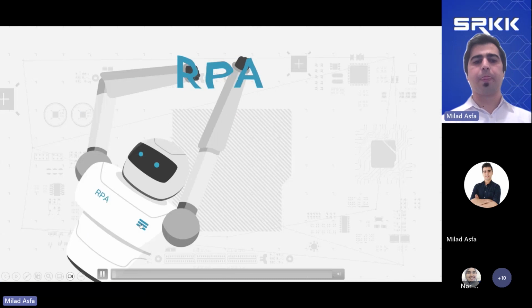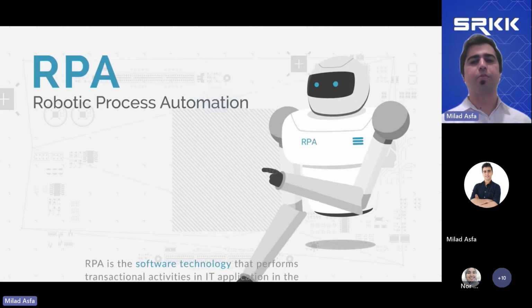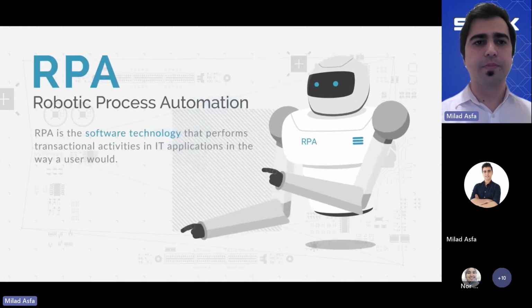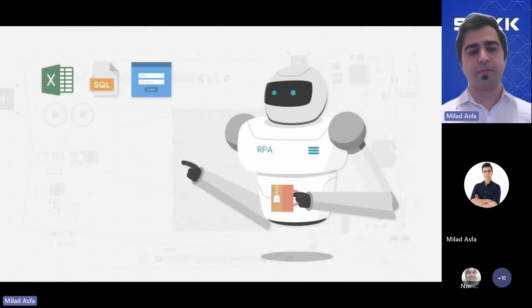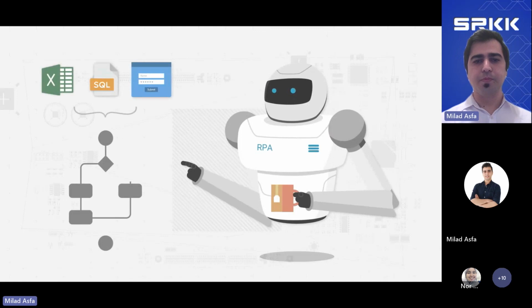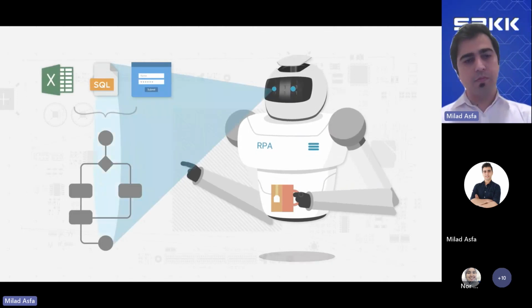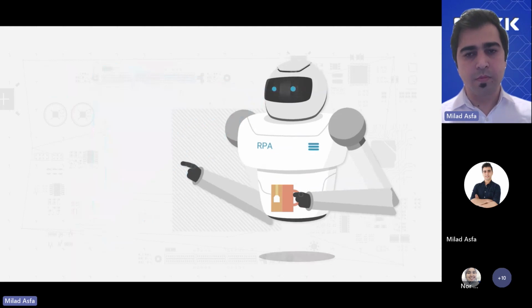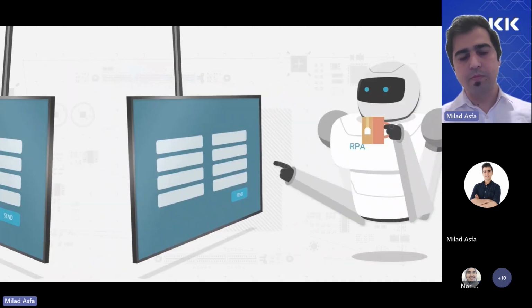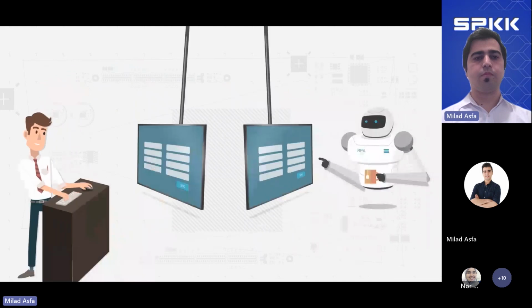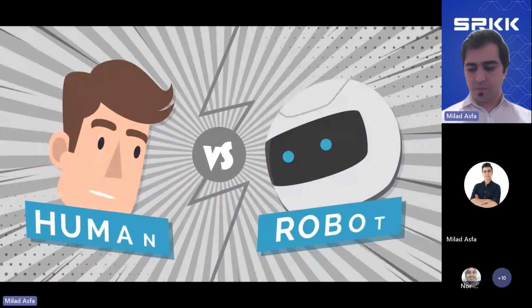RPA is the software technology that performs transactional activities in IT applications in the way a user would. All RPA applications have the following structure: a digital input of structured data, and a process logic based on rules, conditions, loops, etc. to act on the data received. A software robot has the great advantage of being much faster than a human when carrying out tasks.